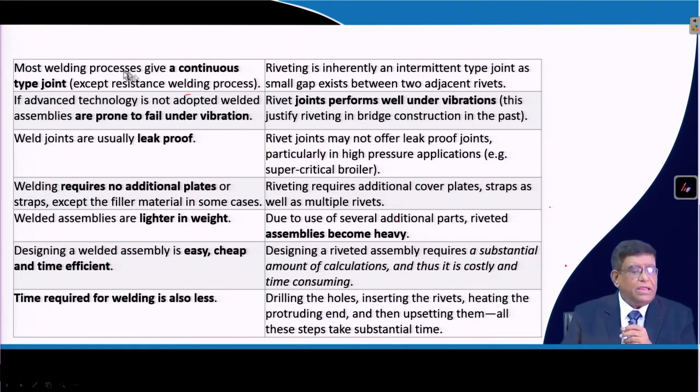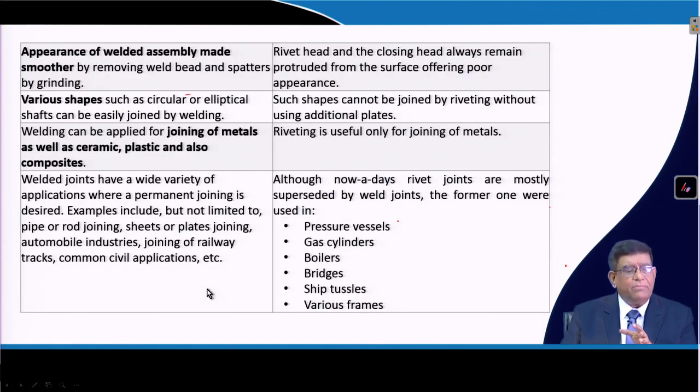That is why the welded joint will be leak proof, but the riveted joint will not be leak proof. Then there is the weight and the power consumption for moving machines, as I have already said. The time required for welding is also less. So there are many advantages of welding, at the same time there are some advantages of rivet also.